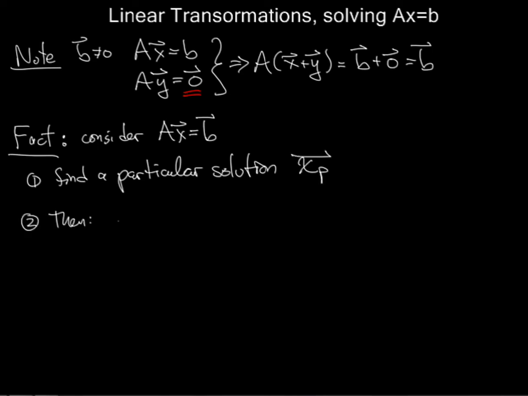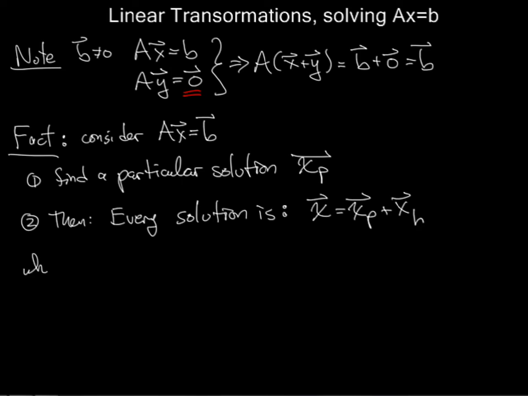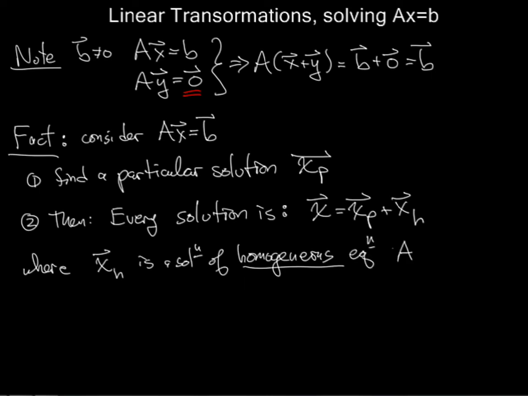And then what you see is that every solution to the original equation is of the following form: x is equal to xp, the fixed one, plus xh, where h stands for homogeneous, and xh is a solution of the associated homogeneous equation Ax is equal to 0.